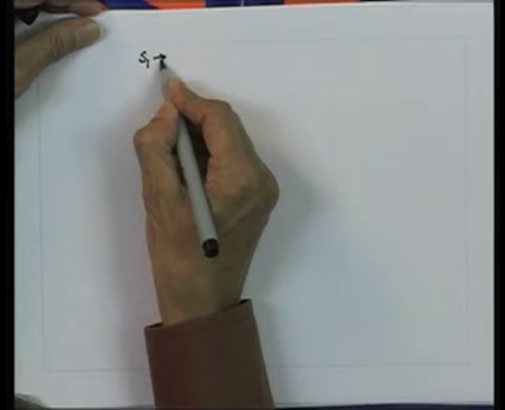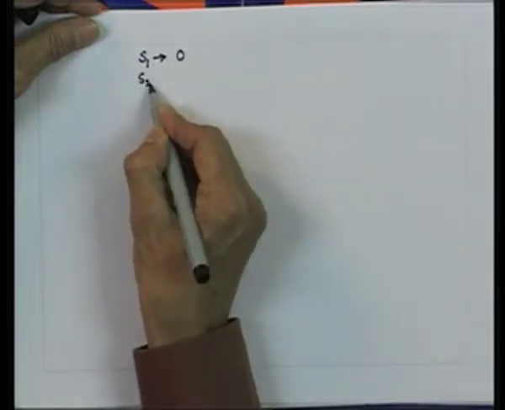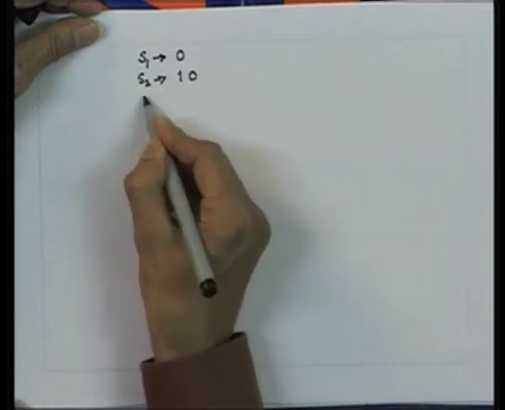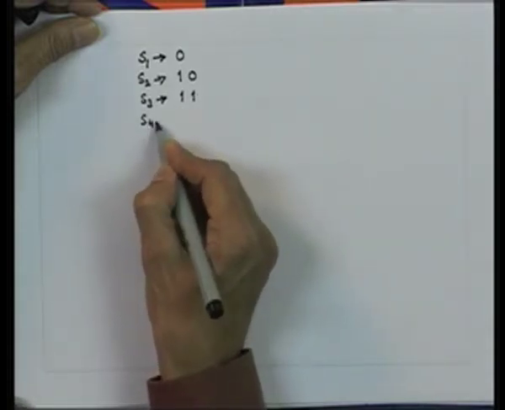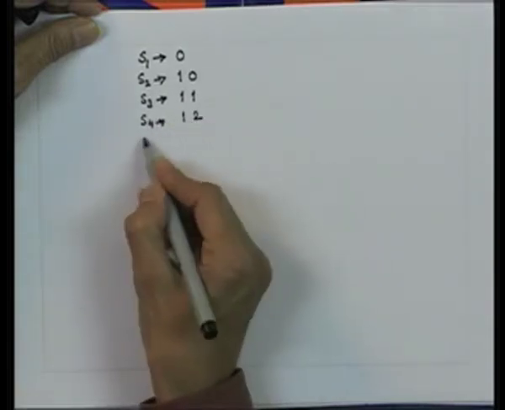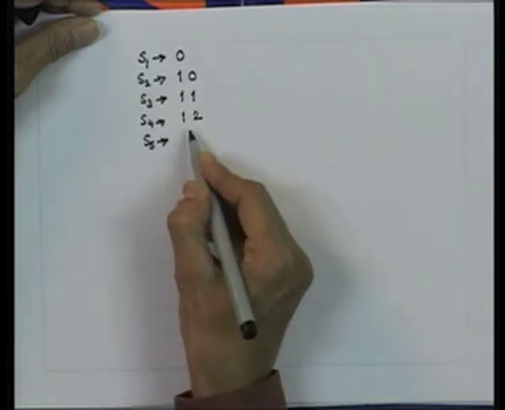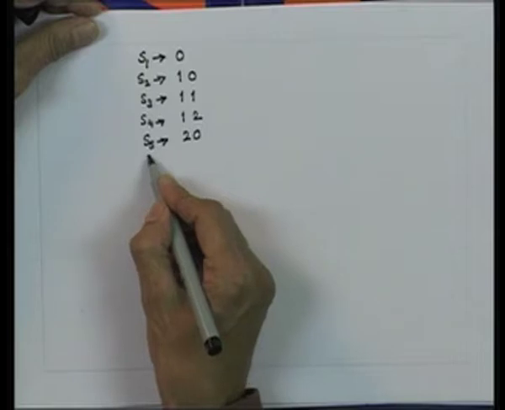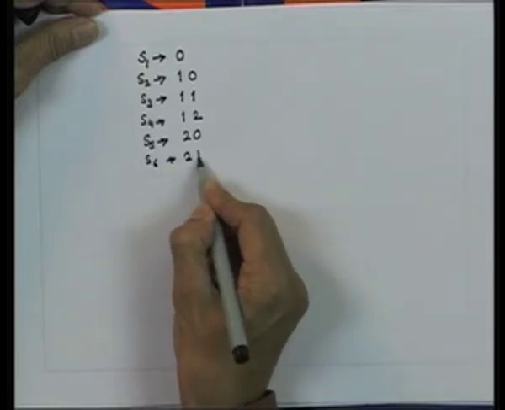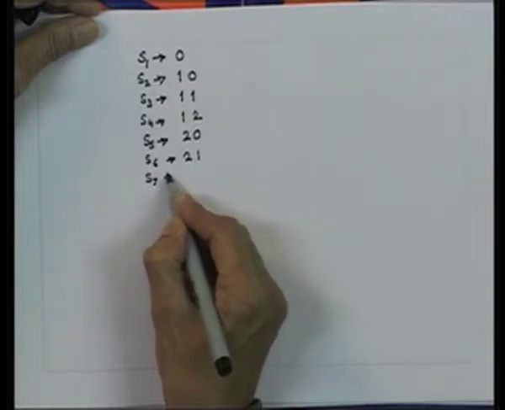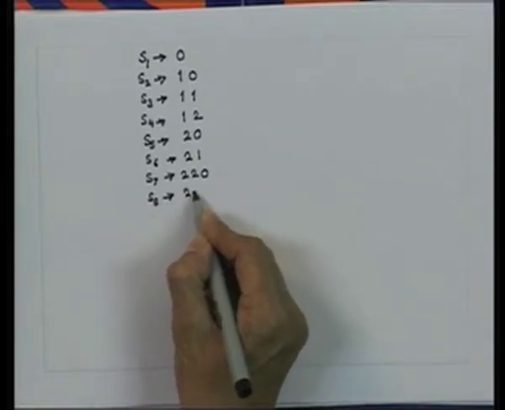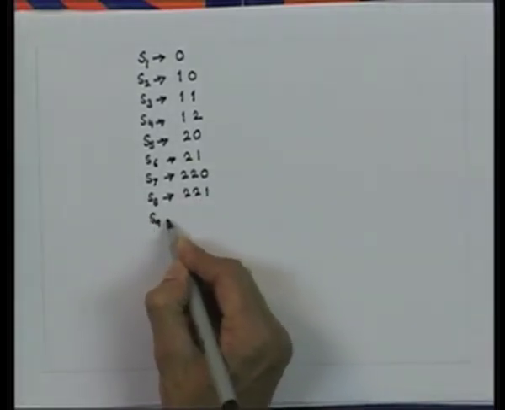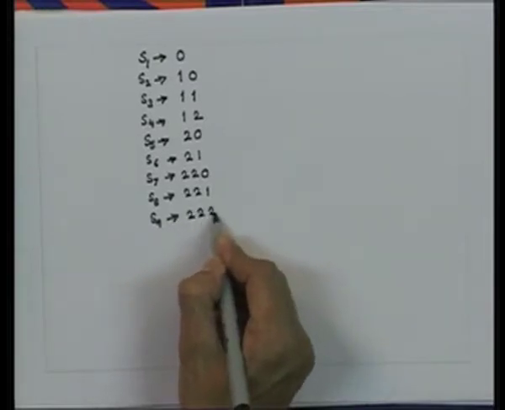So, I can take the first symbol S1 and assign 0, to S2 I will assign 10, S3 I will assign 11, S4 I assign 12, S5 is 20, S6 is 21, S7 is 220, S8 is 221 and S9 is 222.